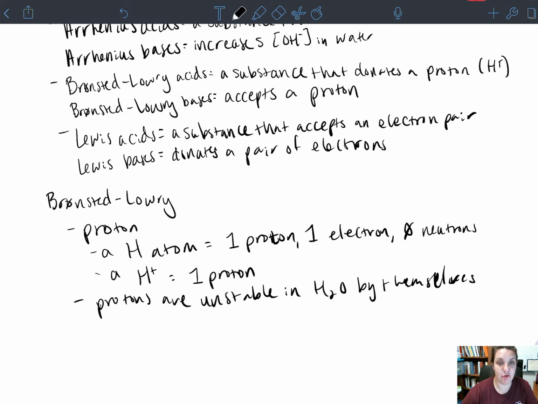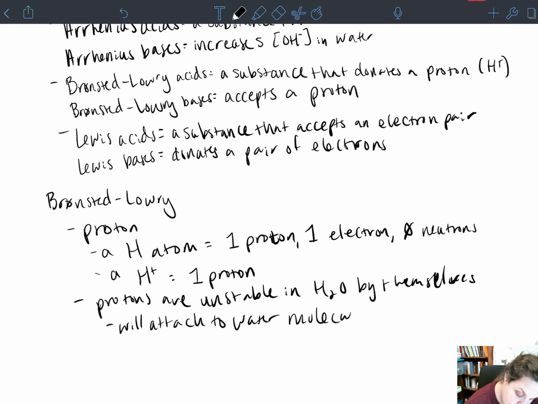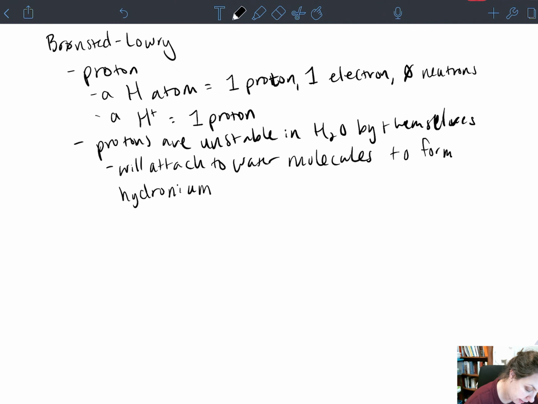They're actually going to attach to any water molecules close by. And it's going to form hydronium. So H plus water will produce hydronium.